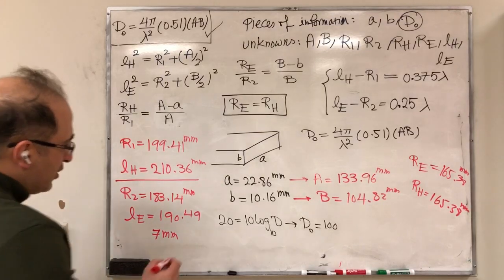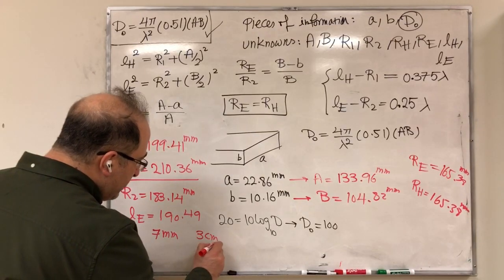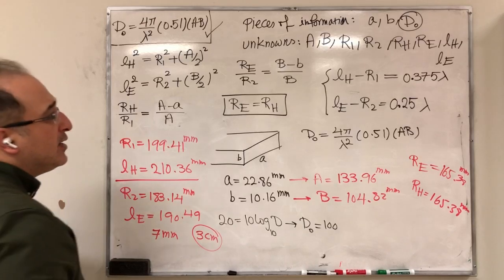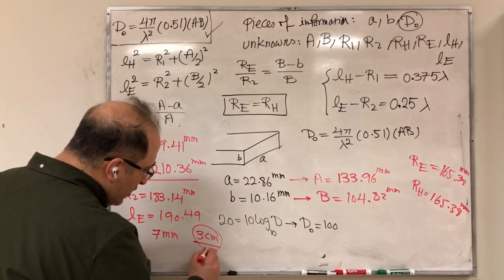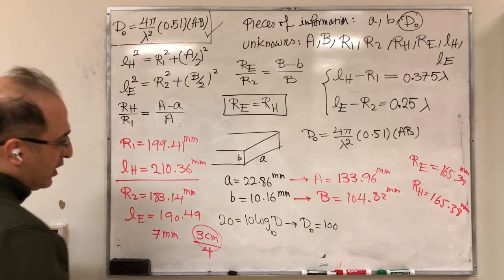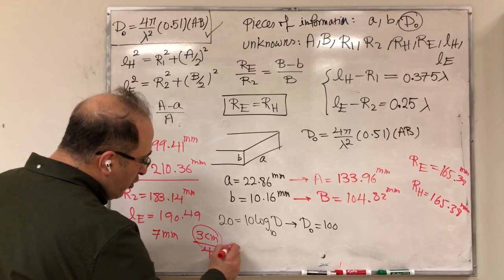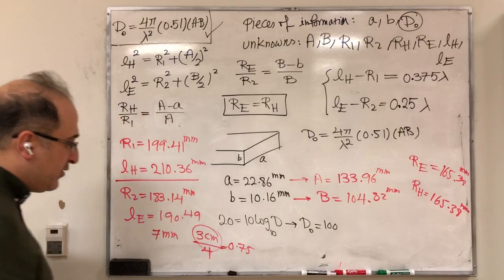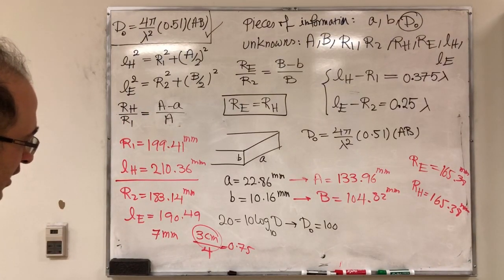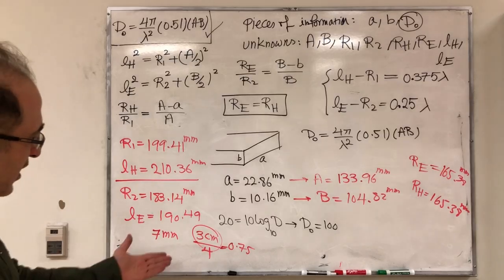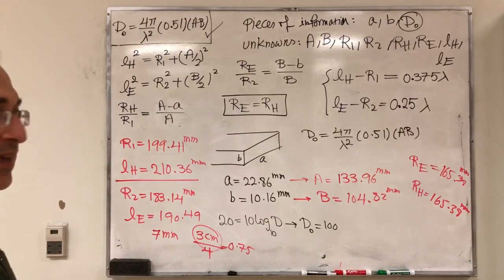So my lambda is 3 centimeter. This is my lambda. So lambda divided by 4, 3 divided by 4, that should be 0.75, which is close to 7 millimeters.